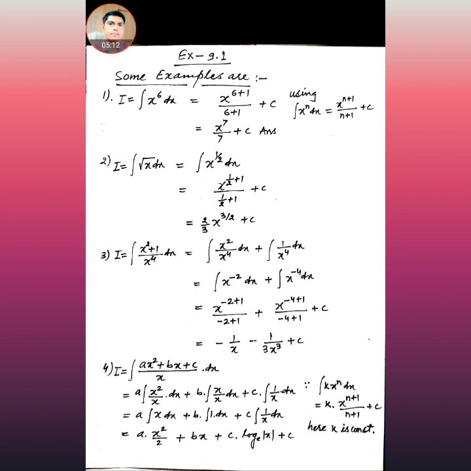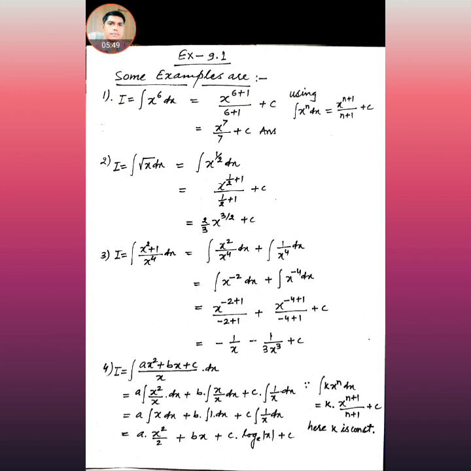Example 4. Integration of ax square plus bx plus c upon x. First of all, we separate all functions. So we get a into x square upon x plus b into x upon x plus c into 1 upon x. So the integration of a into x is written as a into integration of x.